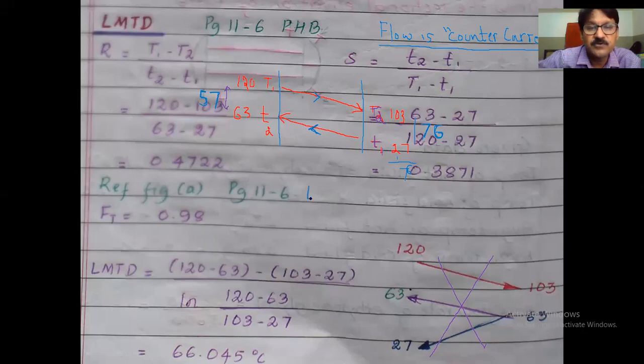So, what we discussed in the class, LMTD is equal to delta T greater minus delta T smaller, divided by ln of delta T greater divided by delta T smaller. Is it fine?